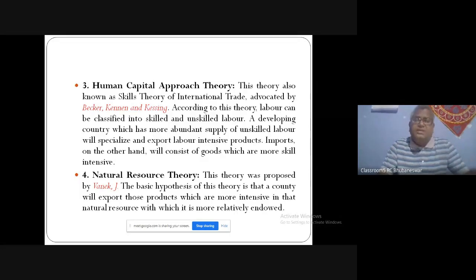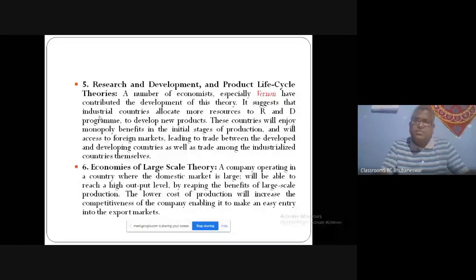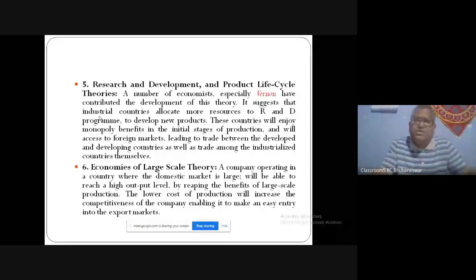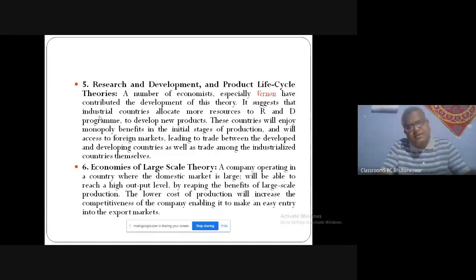And another one is R&D, research and development, and the product life cycle. Product life cycle in marketing, you already know, is when you develop a particular product and at one point it will be saturated. That is the stages of a product life cycle in different leading foreign markets, as well as research, and through research and development new products come up, for example electric vehicles.